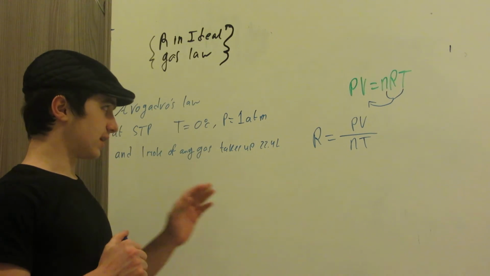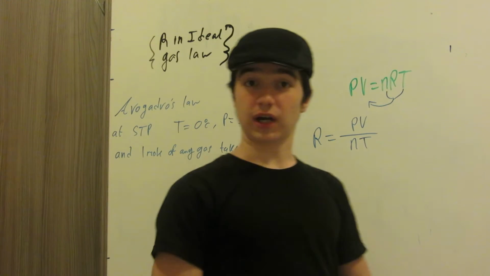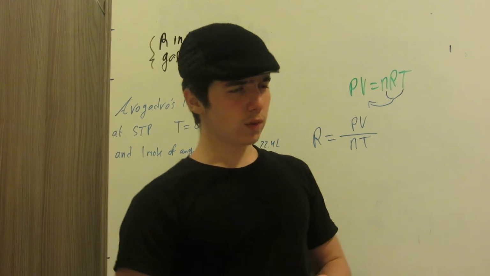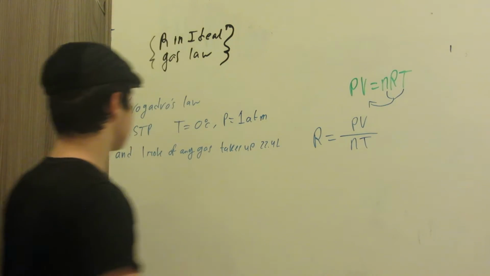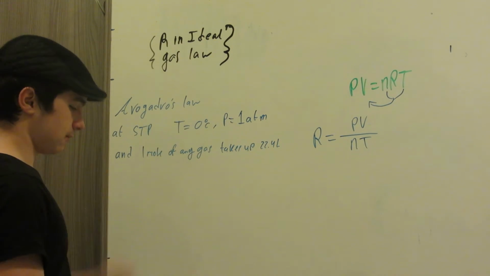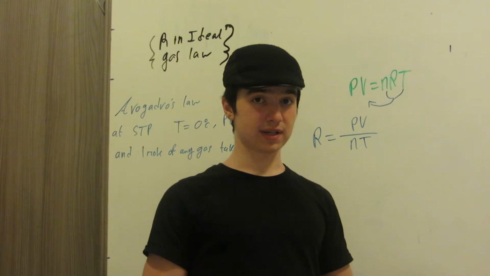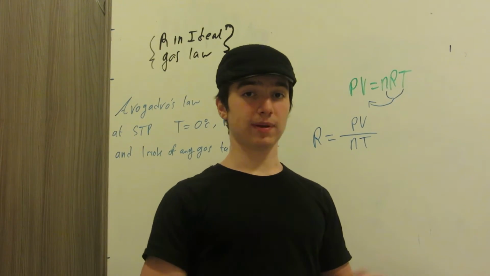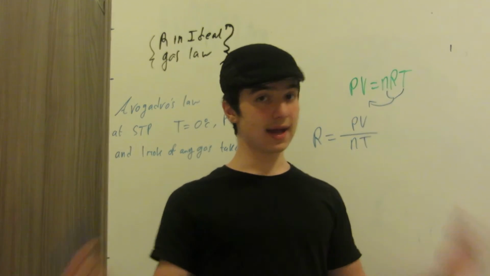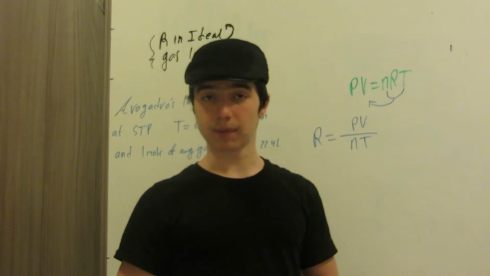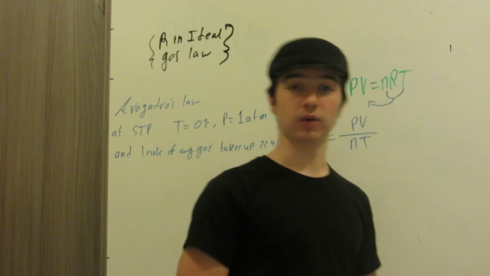We need to get the numbers that are given by a law called Avogadro's law. Do you remember Avogadro's law? It states that at STP, the temperature will be 0 Celsius and the pressure will be 1 atm, and 1 mole of any type of gas will occupy 22.4 liters.